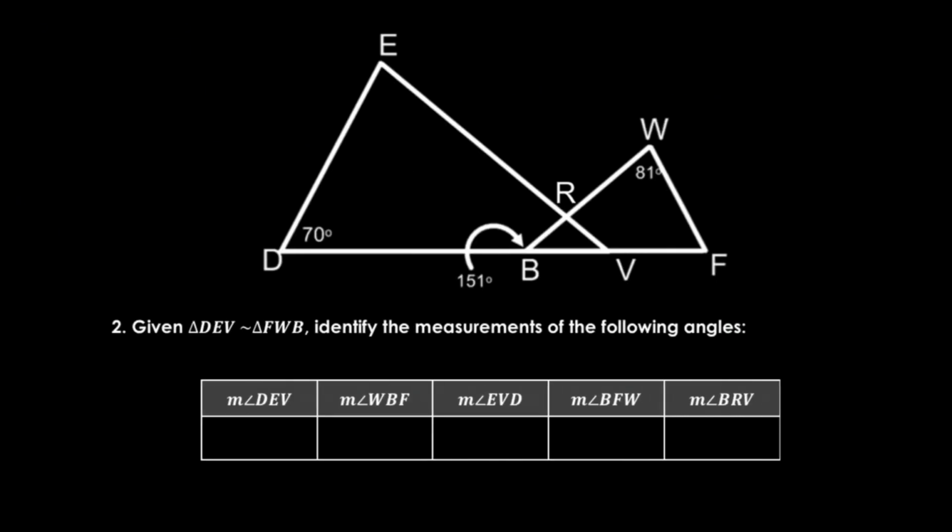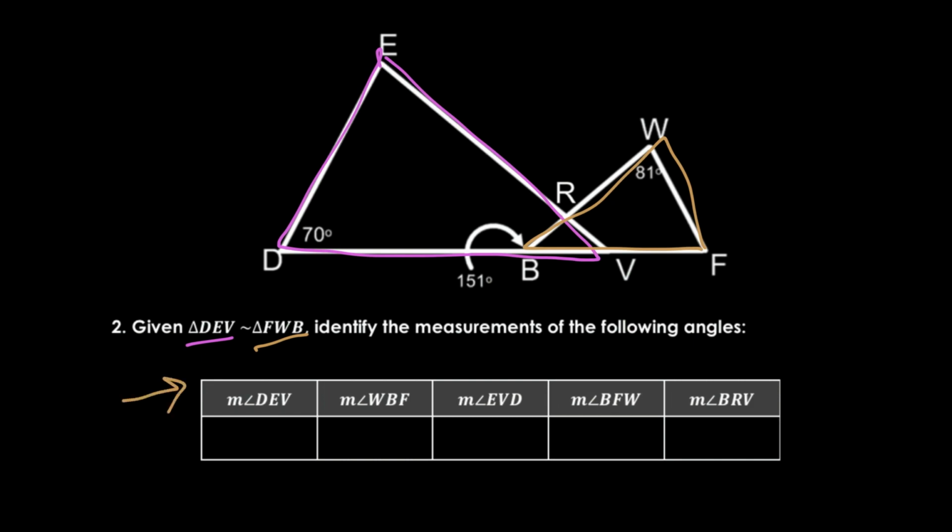Next, we have kind of a funky setup here, but it should be pretty straightforward because we are told that triangle DEV, so this triangle here, is similar to triangle FWB, this triangle here. So we want to find the measures of all of these angles.